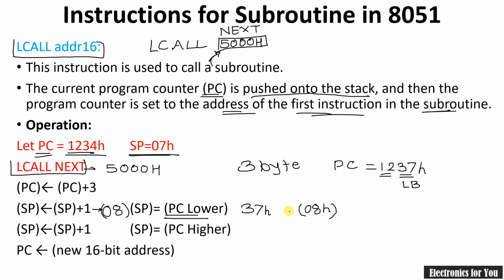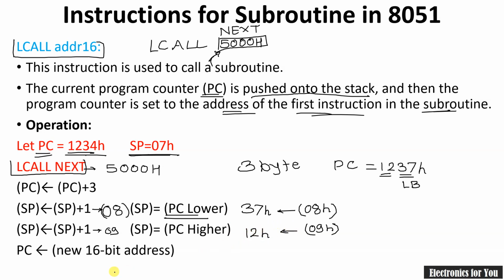At 08H we have stored 37H, and now the stack pointer is again increased by 1, that is 09H. Now at 09H the MSB of the program counter, that is the higher byte, is stored, which is actually 12H.